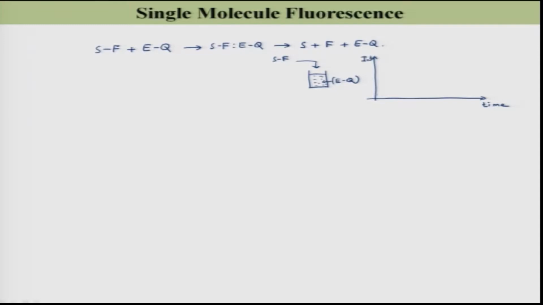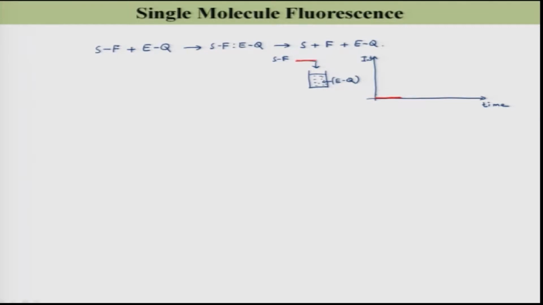Initially the fluorescence intensity must be 0, because EQ does not contain any fluorophore. So, the fluorescence intensity should be 0 over here.